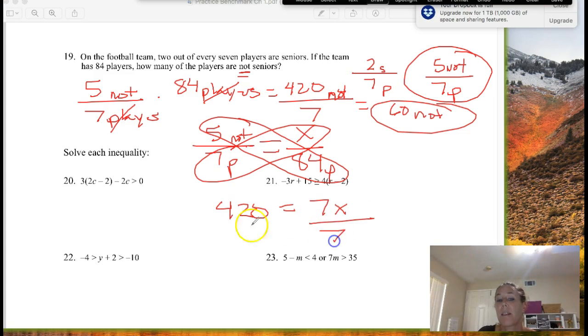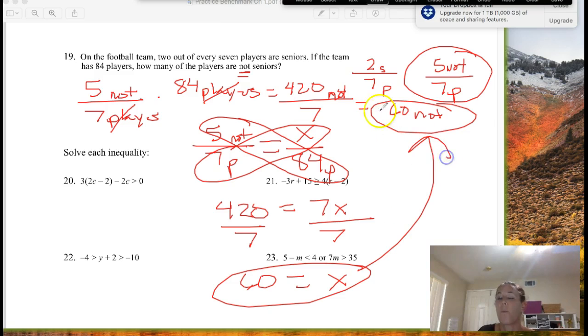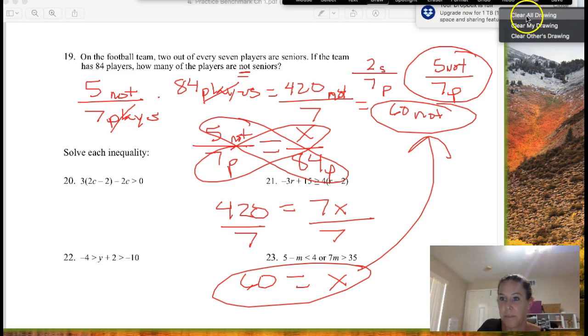Then solve for x and divide both sides by 7, and you would end up with 60 equals x, which is the same solution we got when we did just our ratio times the number of players. You could set up an equivalent ratio: 5 not seniors to 7 players is how many not seniors to 84 players? I said players, I meant seniors. Sorry. All right, that's how you do that one. 60 not seniors are players, actually.